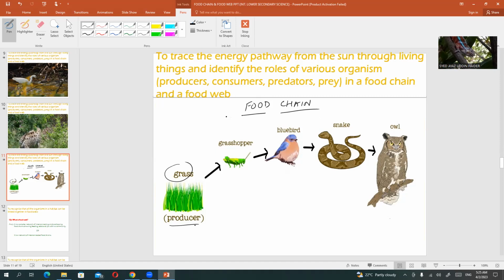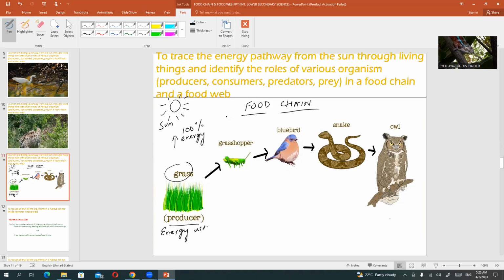The producer gets 100% energy from the sun. Sun is the only source of energy for this producer. This is the sun, and it's getting 100% energy. So this energy is used to carry out different activities.